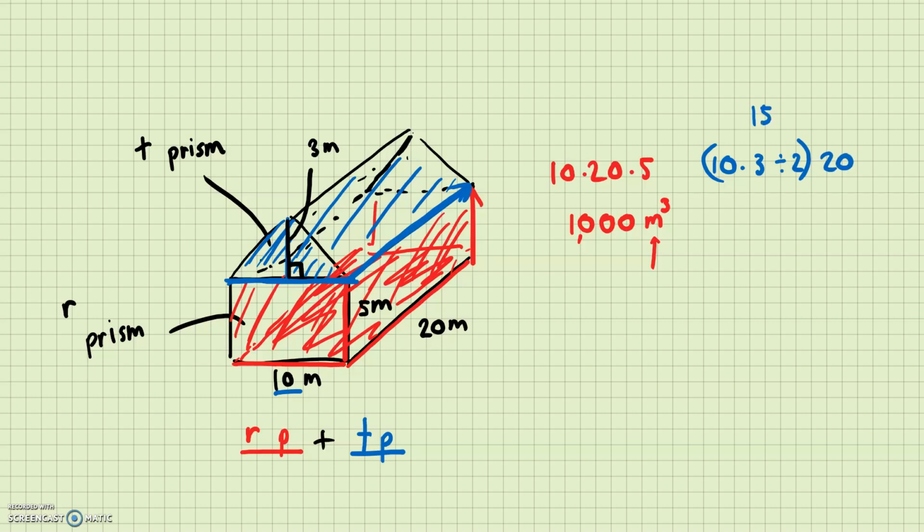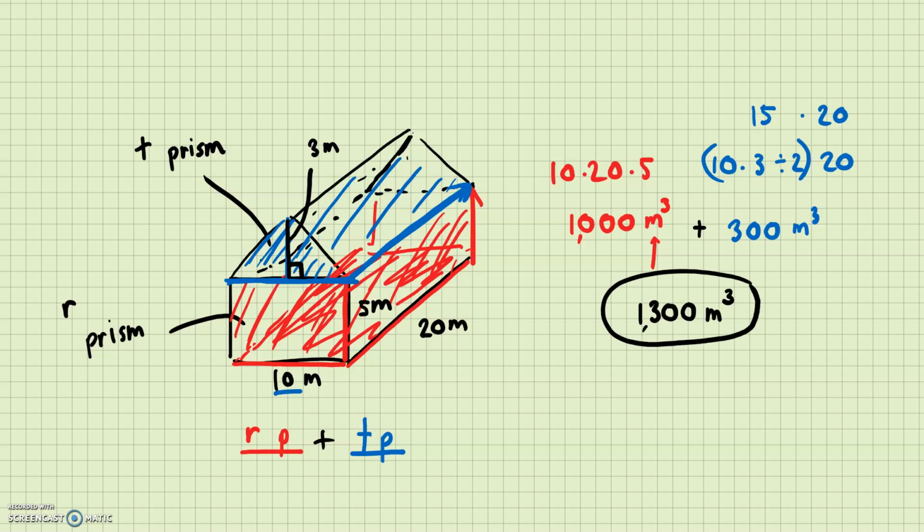So that is 15 times 20, which is going to be 300. You should write the volume unit here, and then just add those two together. You're going to get 1,300 meters cubed for the whole volume.